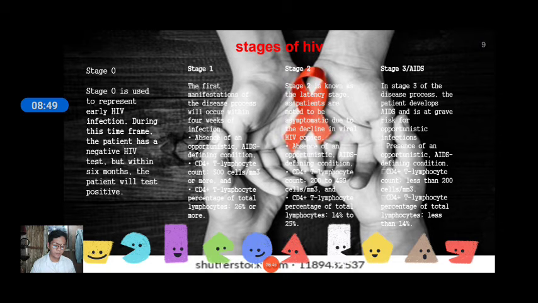This stage can be prolonged, allowing patients to remain asymptomatic for 10 years or more without taking medication, and for decades if you are on antiretroviral therapy. During this stage, anti-HIV antibodies are produced, and the patient's test for this will become positive.